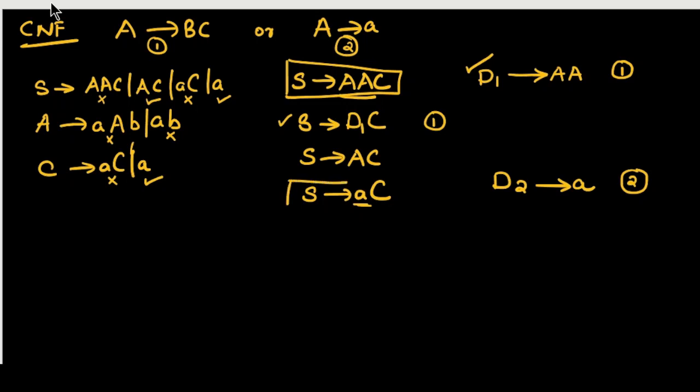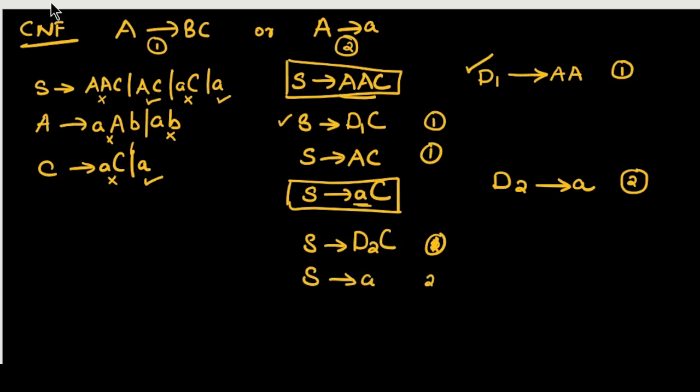So we will replace this production: instead of this single terminal A, we will write D2 and the C. Okay, so this is in format 2, this is in format 1, this is also in format 1. Instead of this one, we have replaced it like this: S gives D2C. Then S gives A is there, that is already in the format.